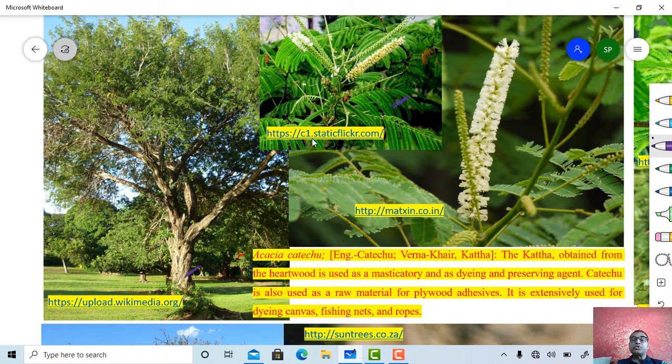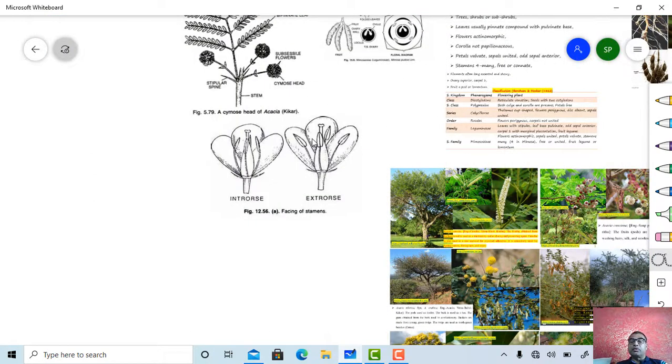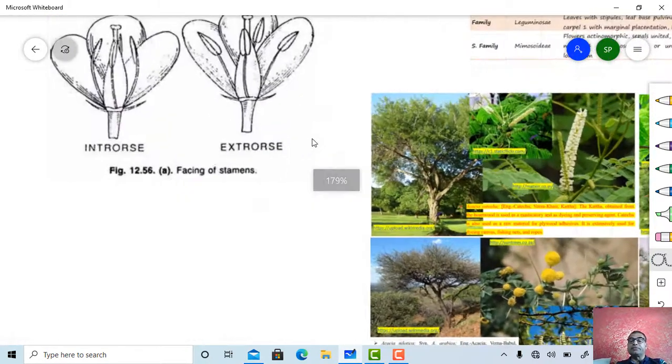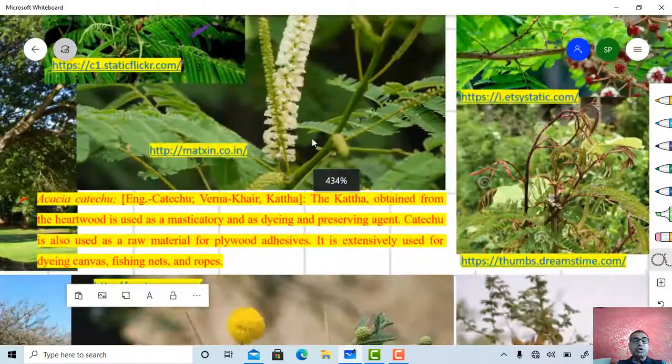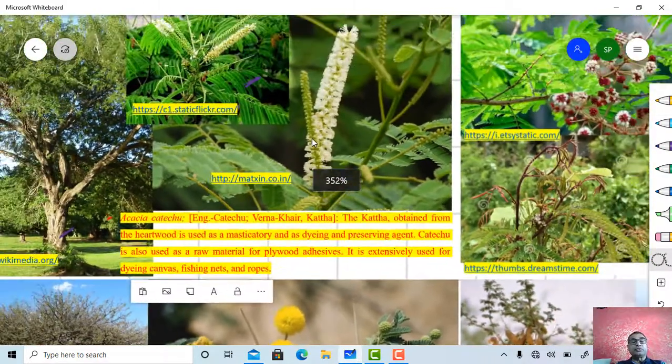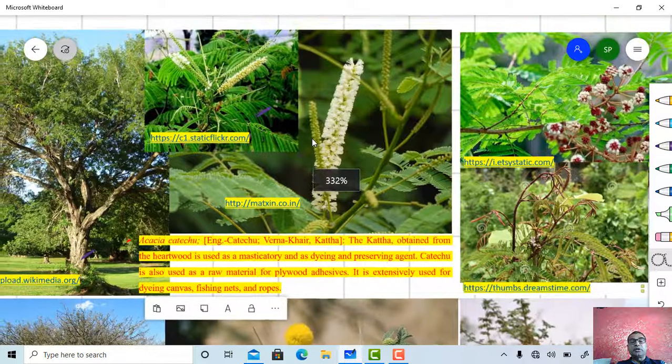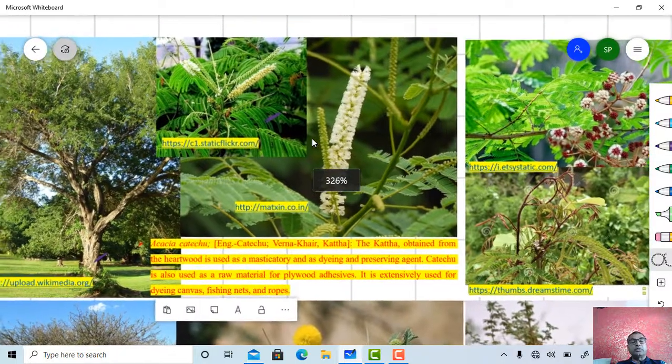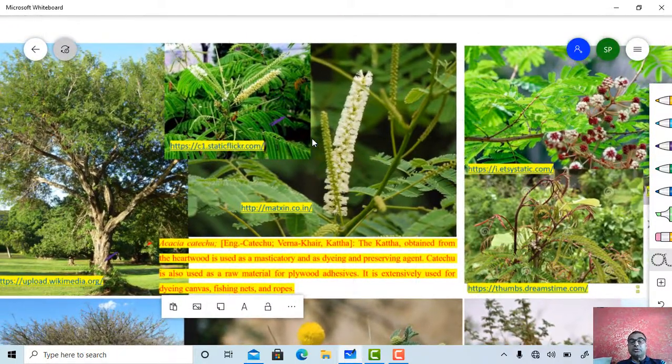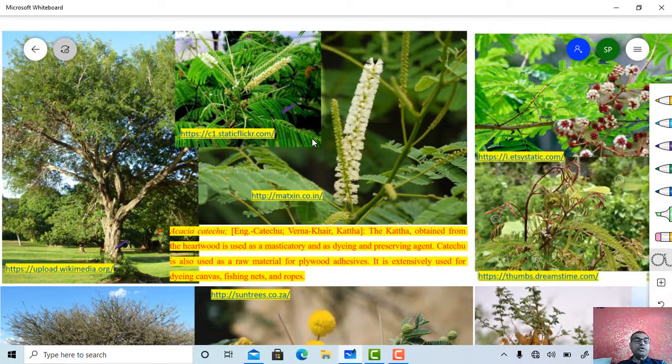This one figure shows the inflorescence, and this one is again a close up of one of the inflorescences. So this Acacia catechu is called khair plant in Marathi, or katha plant. This katha is obtained from the heartwood of the stem.